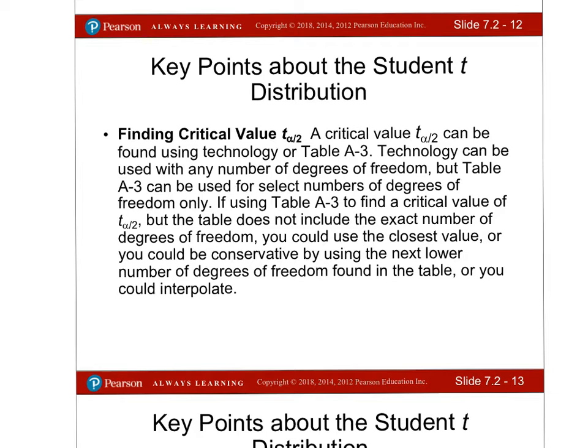So for instance, if I'm trying to find the 95% confidence interval, then that means the area in one tail is 0.025, right? 95% means that there's 5% in the two tails, so the area in one tail is 0.025. And so I would use the 0.025 column, and then I would go down until I found the degrees of freedom that matched my sample, and that will give me my critical t-value to use in my error formula. Okay, we'll use that in some examples.